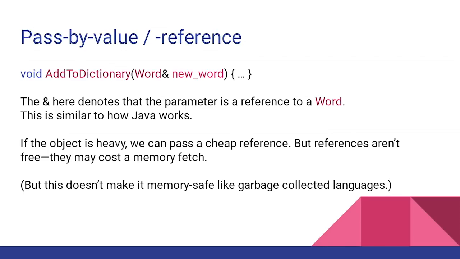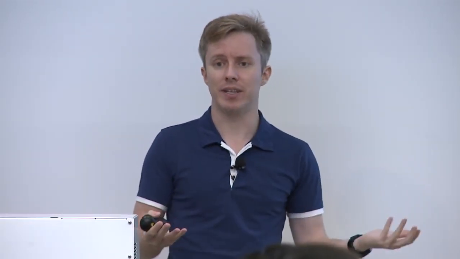So when we want to use this, imagine our word class is really heavy. It's really expensive to make copies. You don't want to make hundreds of copies as you make hundreds of function calls. And so you might be passing references around. The opposite of that idea is if it's really cheap to copy, the reference actually is an indirection.